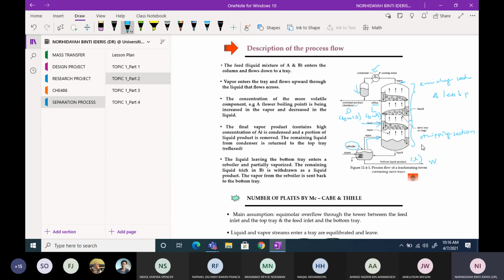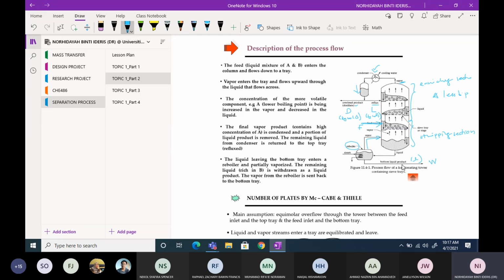So for the basis of a distillation column, usually the molar flow rate of the entering feed is labelled as capital F, in kilogram mole per second. We have D as the product coming out from the top, the distillate, also in liquid form.